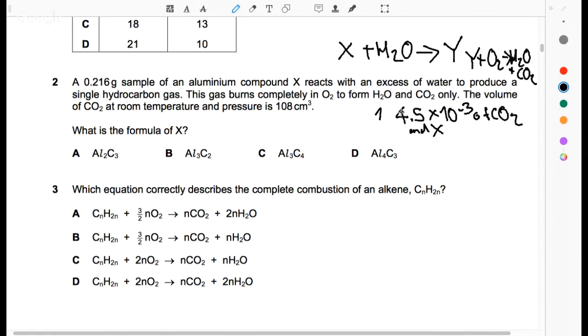Well, I know the amount of moles of CO2 produced, right? So now I also know the amount of moles of Y, which is 1 mole. And then I know the amount of moles of Y here, so that's equal to X. So the amount of moles of X is equal to the amount of moles of carbon dioxide.